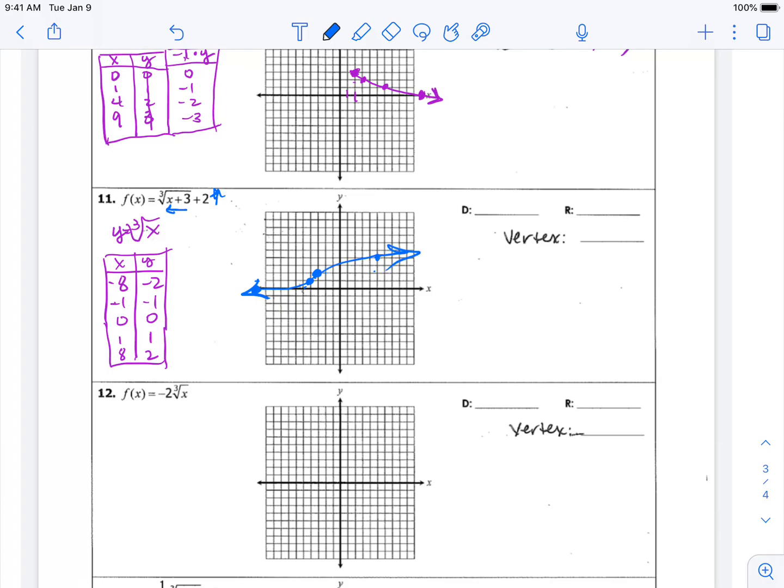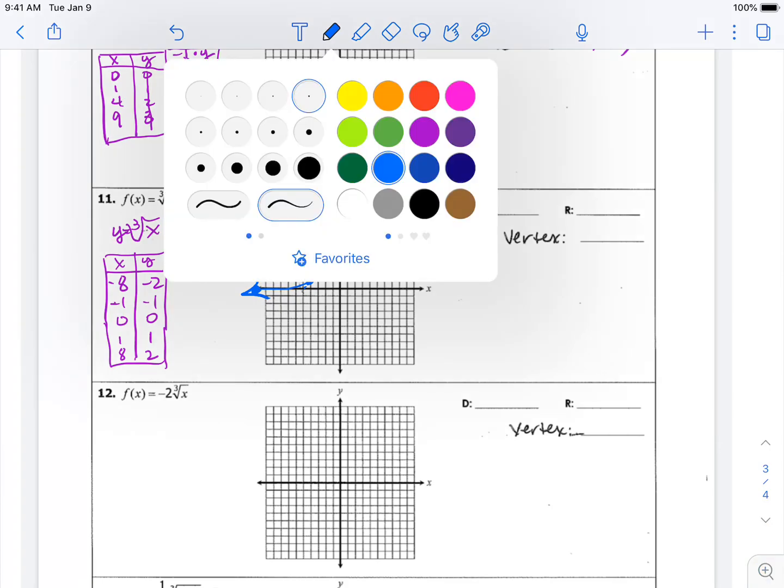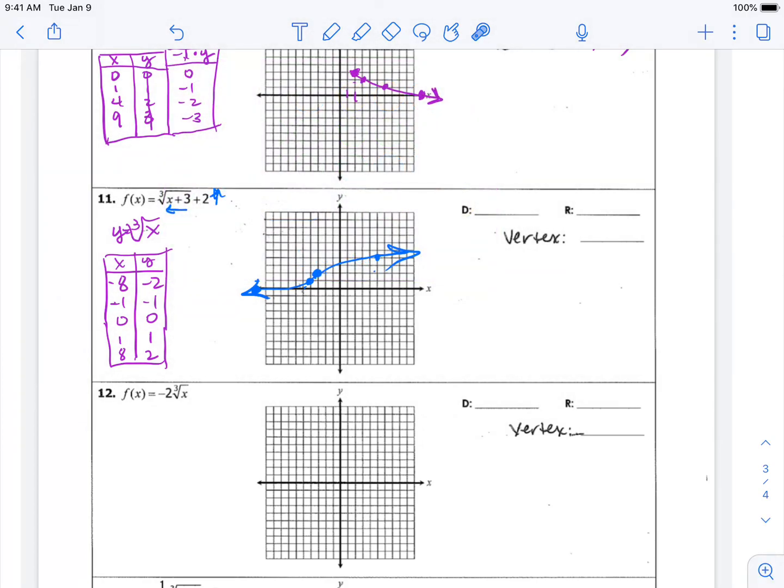Okay, just like that. And then I'm looking for my domain and range, and I'm saying that my x's are going this way forever and this way forever. So this is going to give me my domain being all real numbers. And then my y's, we're going this way, but we're also going down, and we're going this way, but we're also going up.